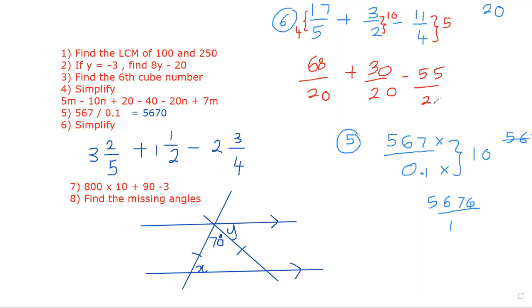So then 68 plus 30, which is 98. So I have to take 98 minus 55 divided by 20. So when I subtract, here I'm getting 43. So I can write it as a mixed number, 2 and 3 over 20. Right? So that's the answer.